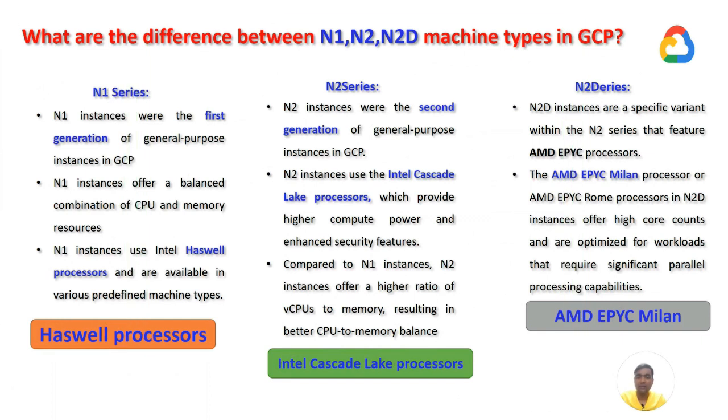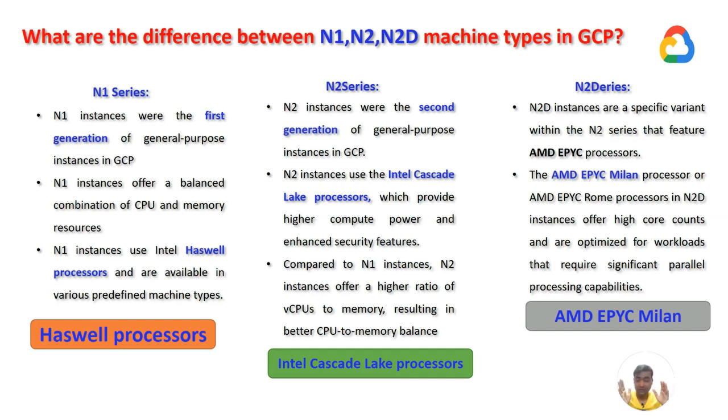Guys, you may wonder what the basic difference is between N1, N2, and N2D machine types in Google Cloud Platform. Guys, as you can see here, the N1 machine is the first generation of machine type, N2 is the second generation, and N2D is a specific variant within the N2 series machine type.